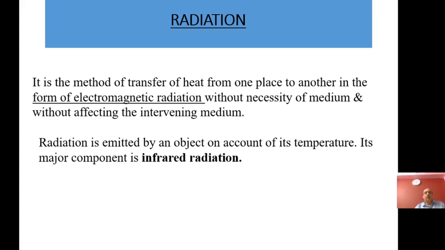So the electromagnetic waves which are coming from the sun to the earth need not any medium, because they are able to transfer through the vacuum. And even if there is any medium between them, the medium will not be affected by them.